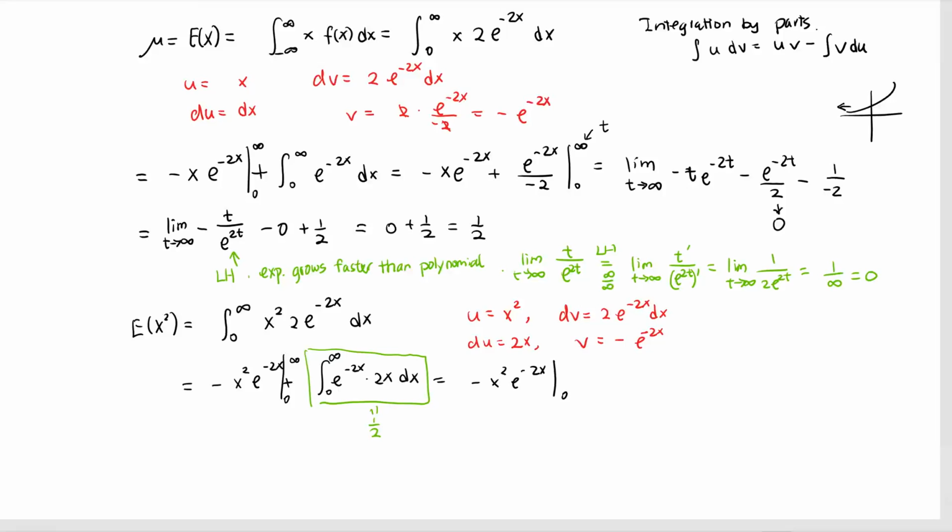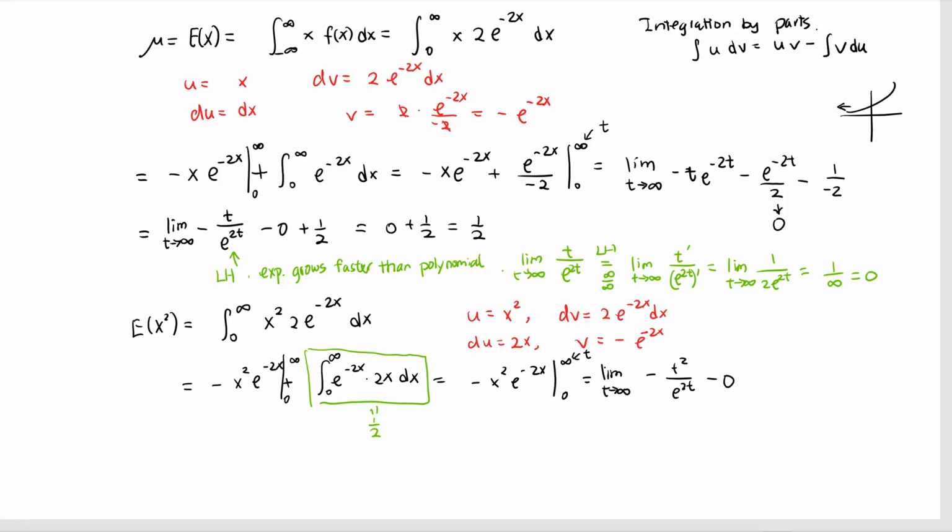And this is from 0 to infinity, so that's the same as replacing infinity by t and letting t go to infinity. So it's minus t squared over e to the 2t, and subtract when we plug in 0. When we plug in 0, it's 0.